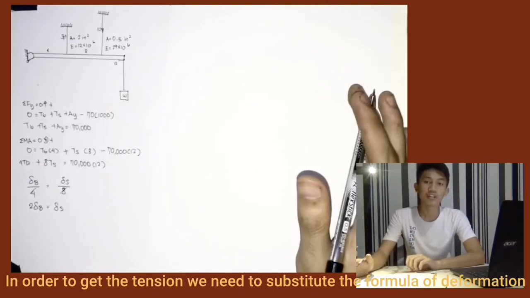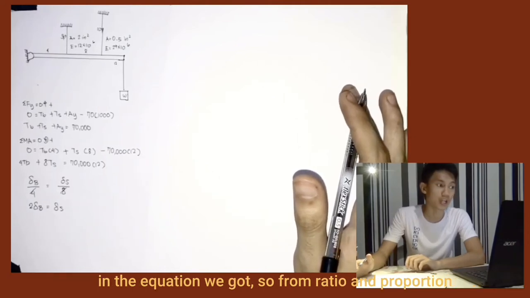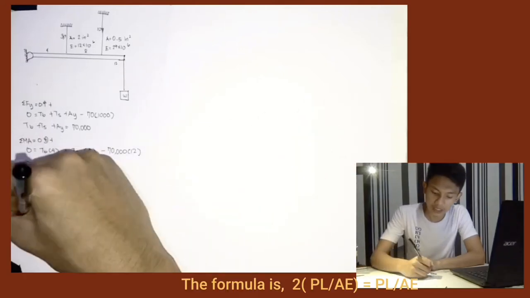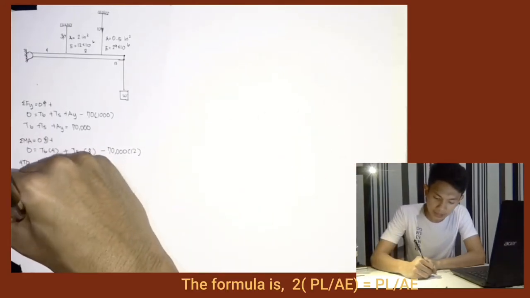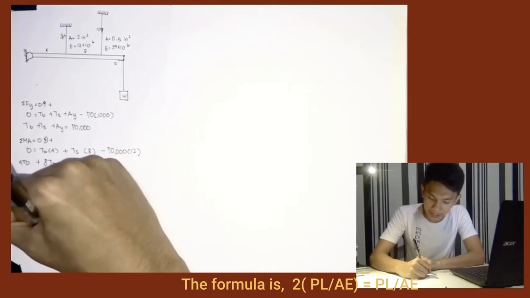In order to get the tension, we need to substitute the formula of deformation in the equation we got. So the formula is deformation equals PL over EA.